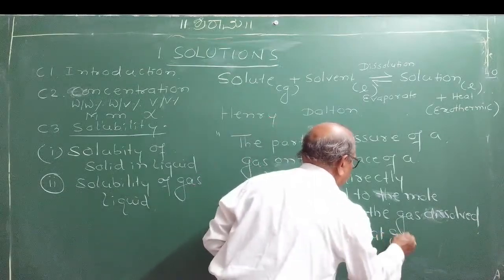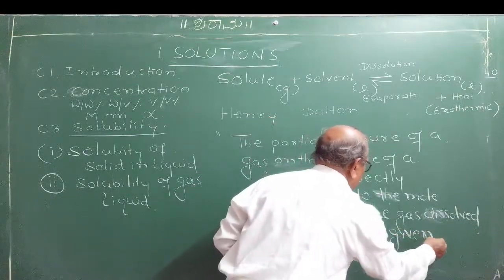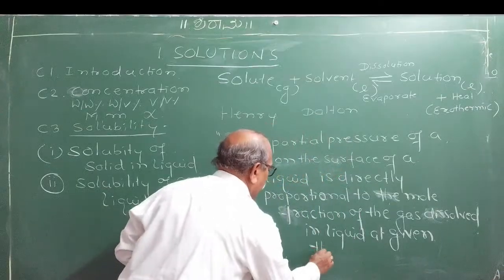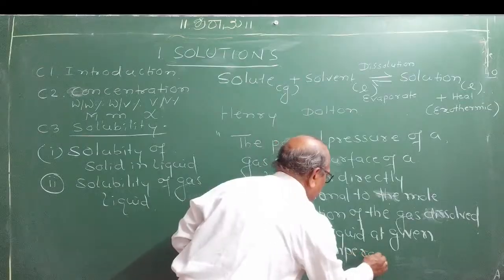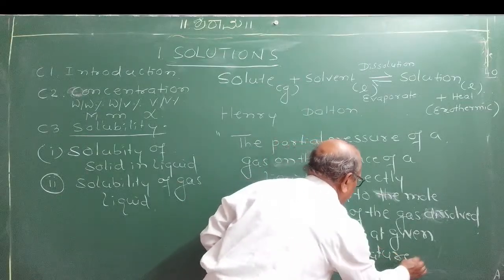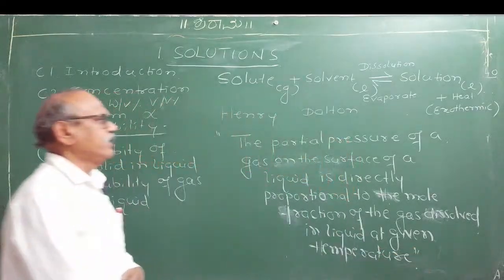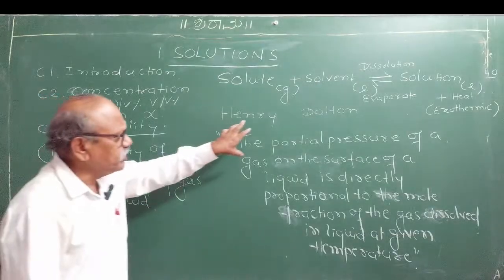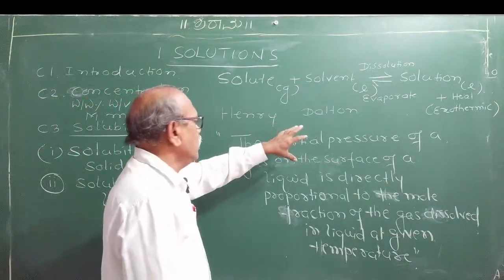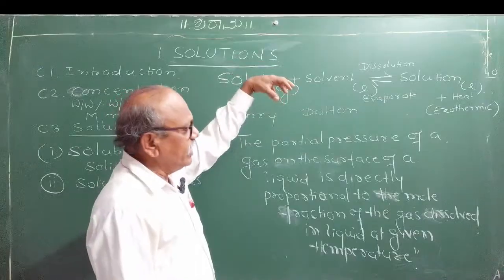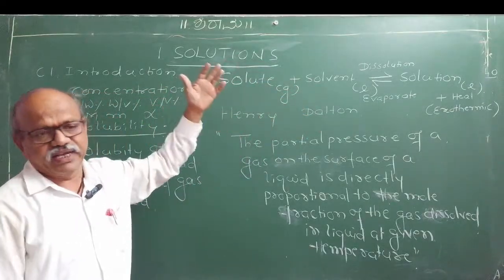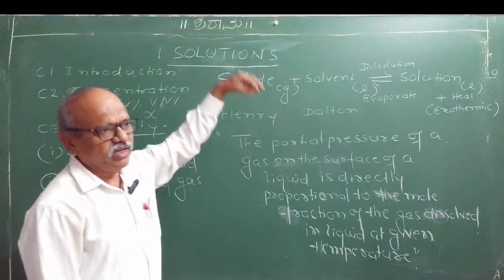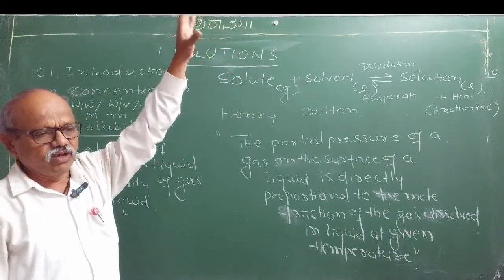Because as the temperature changes, as we discussed in the last class, it is at a given or constant temperature. That is the statement of Henry's law. Try to understand. Partial pressure means, suppose you take air. Air consists of a mixture of different gases: nitrogen, carbon dioxide, oxygen.